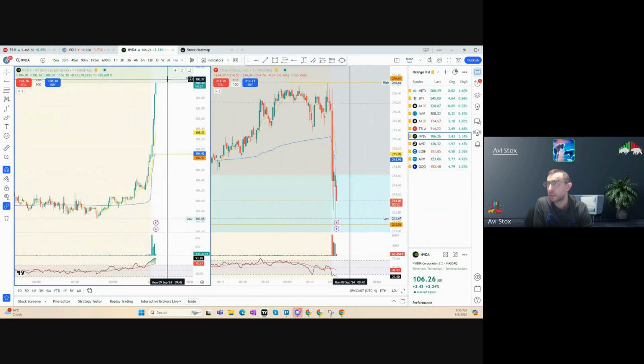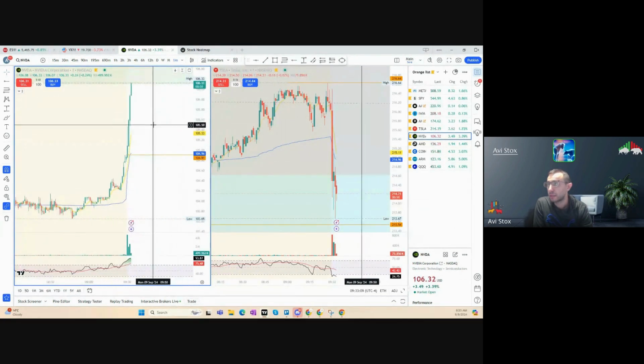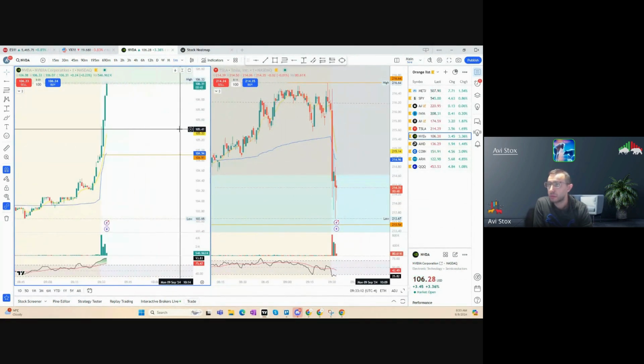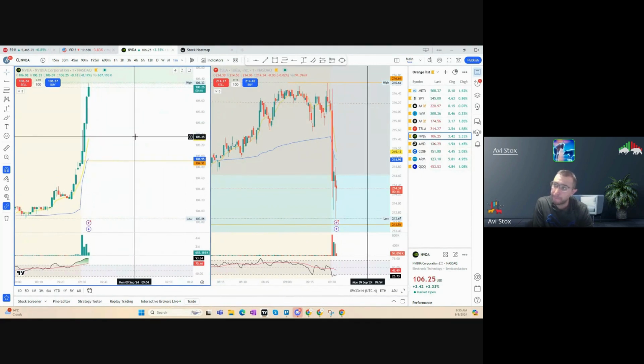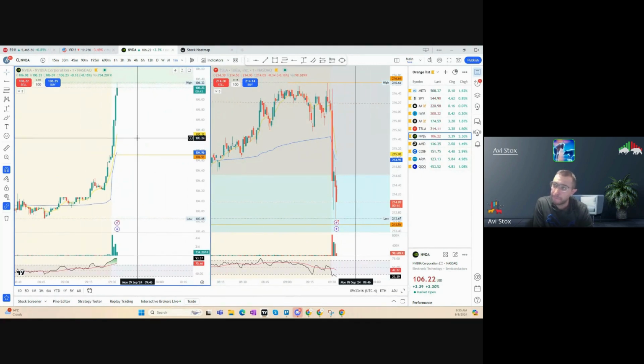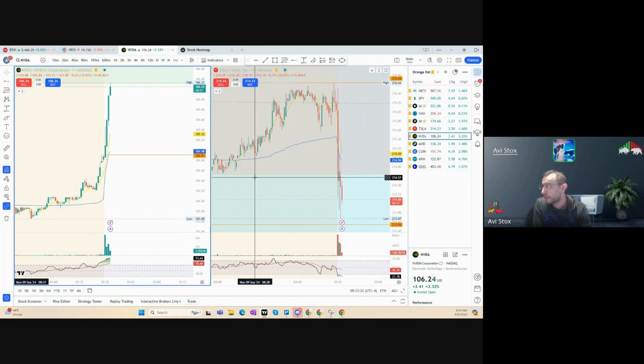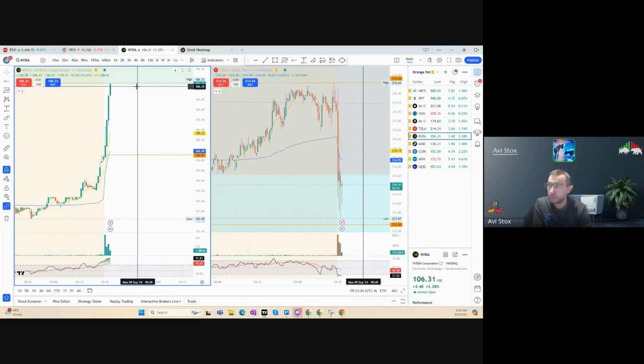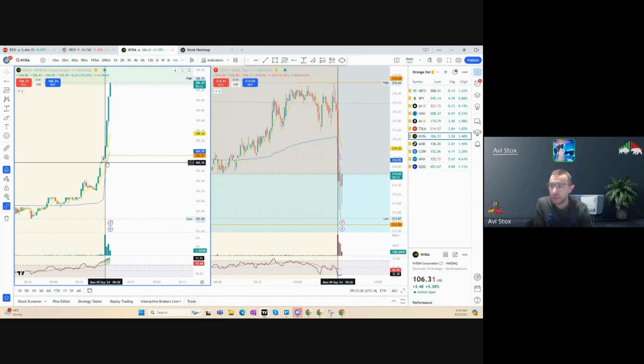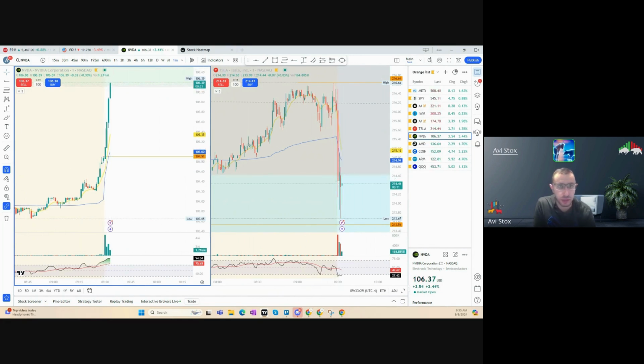Now it might retest this and come down. But so far it's very strong to the upside.